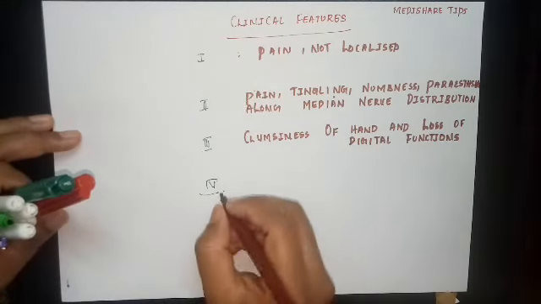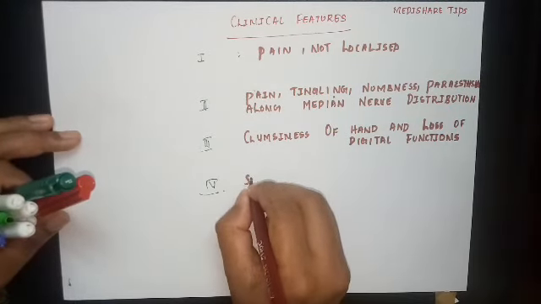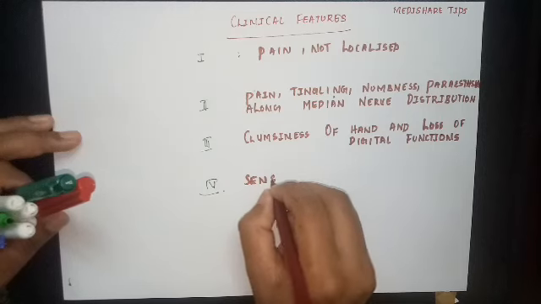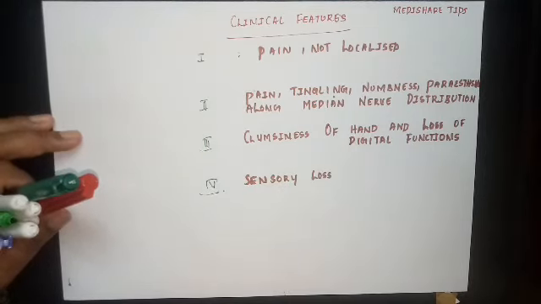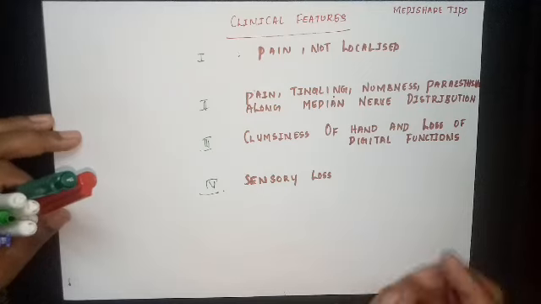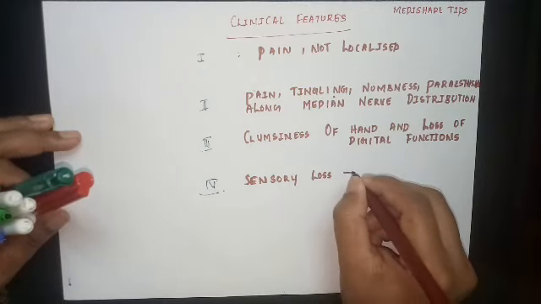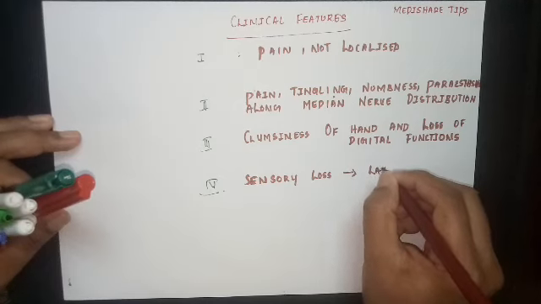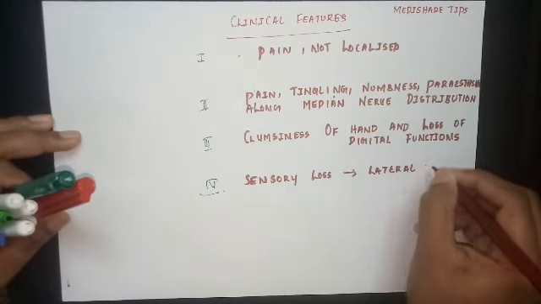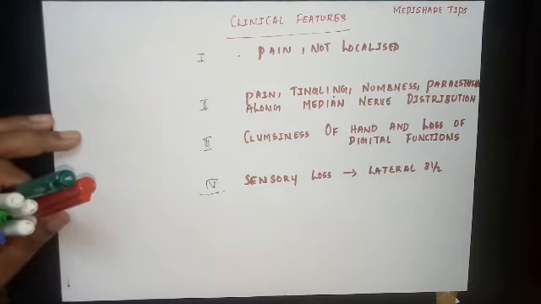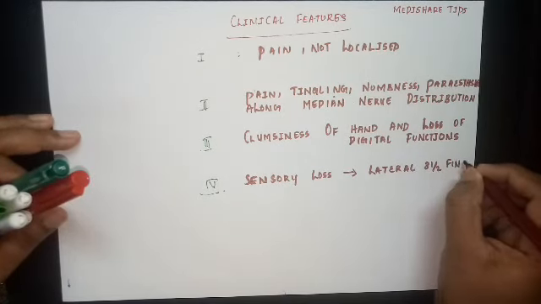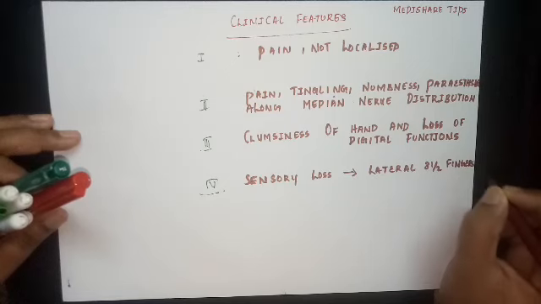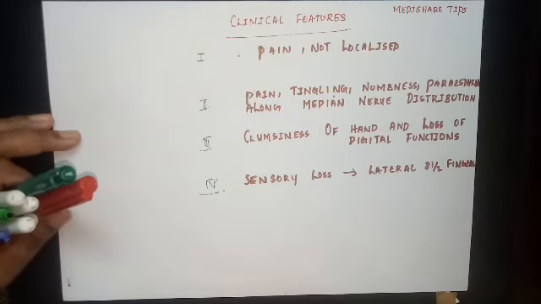At the fourth stage, the patient will have sensory loss. We know that the median nerve supplies the lateral 3.5 fingers. So sensory loss along the lateral 3.5 fingers on the palmar aspect, and the distal phalanx of the lateral 3.5 fingers on the dorsal aspect.